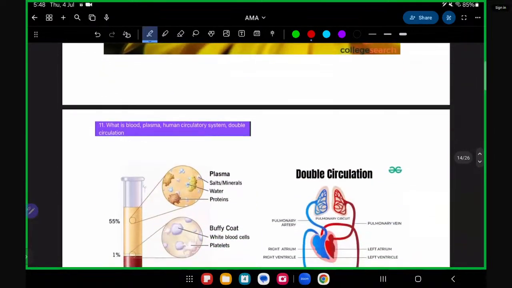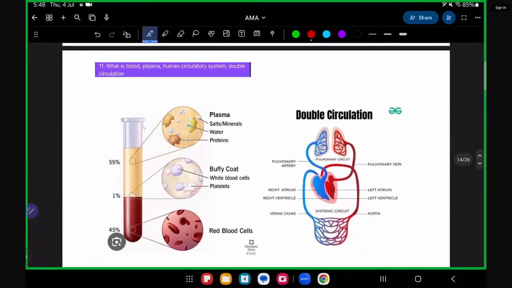Next up we have question number 11, that is, what is blood, plasma, human circulatory system and double circulation. As you know, what is blood? It is the circulating fluid. Blood, what are the parts? One is plasma. Second is formed element.